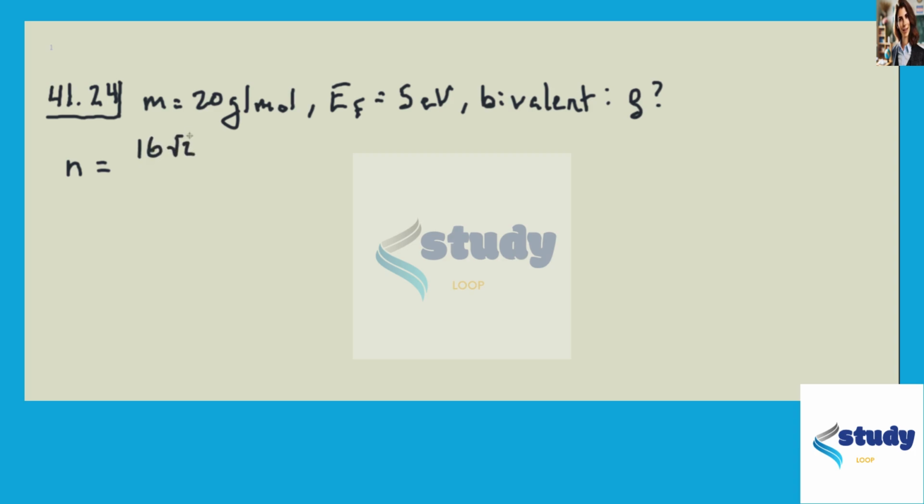So this is 16 square root of 2 pi over 3 times the mass of an electron times the Fermi energy divided by Planck's constant squared to the 3/2.